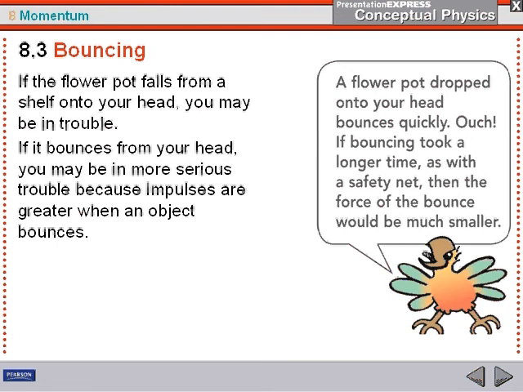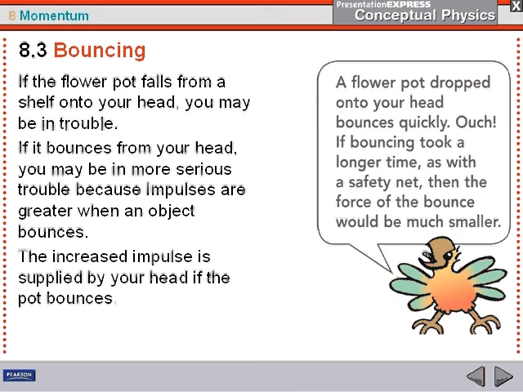If the object bounces off your head, which you don't want, it's going to lose its momentum on your head and then bounce off your head. It's going to gain momentum again. So that actually is more force, which means more force on your head. And that increase in impulse has got to be supplied by your head, so it's gonna hurt.